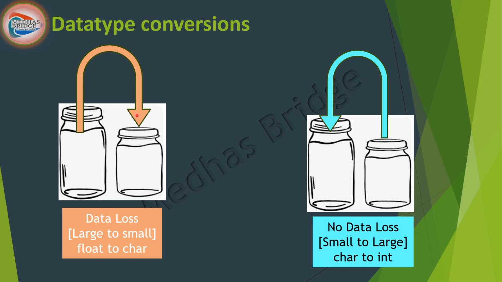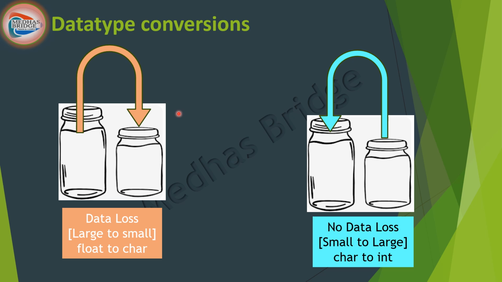While writing a program, one way or another you might need to understand one topic, which is data type conversion. Sometimes there is a need to copy a value from char data type to integer data type, or integer data type to char data type.